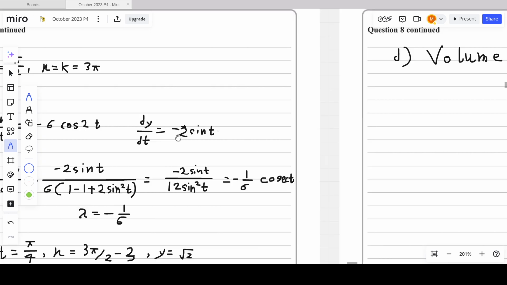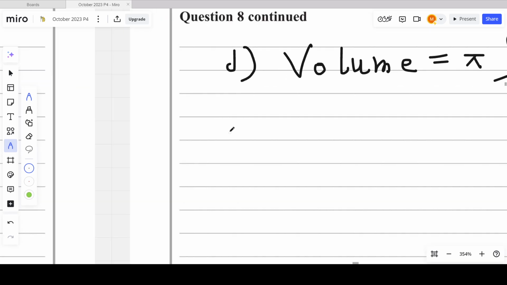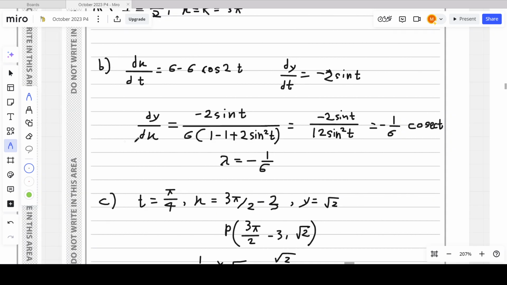x equals 6t minus 3 sin 2t. So this is the parameter for x.